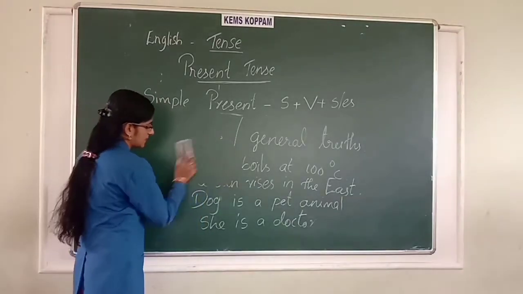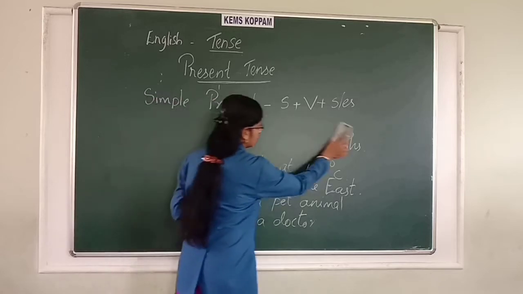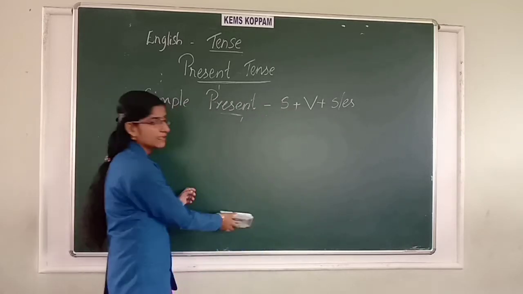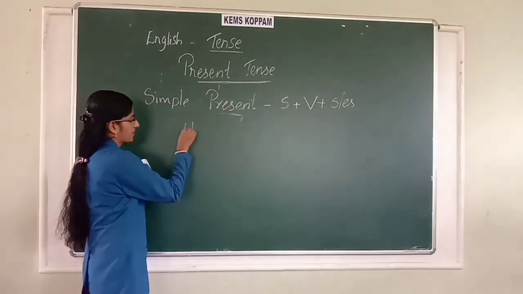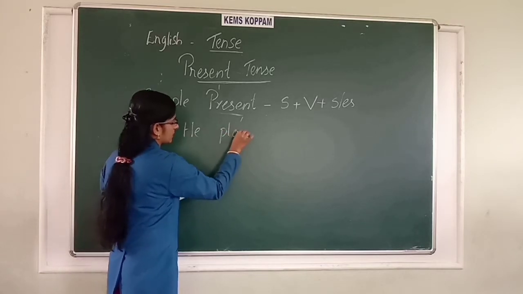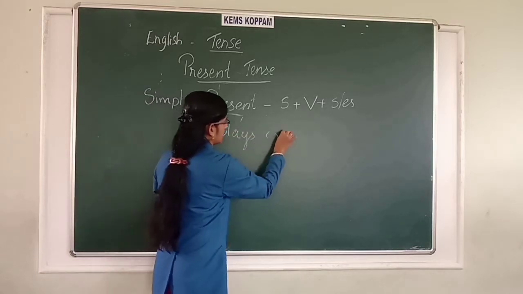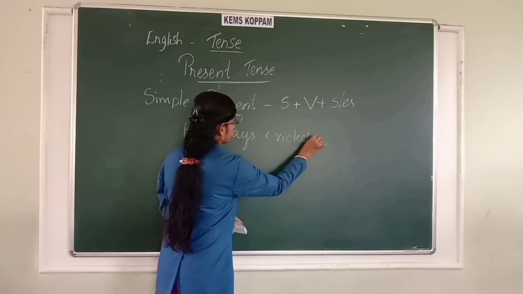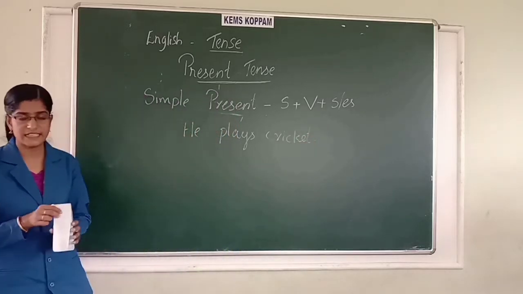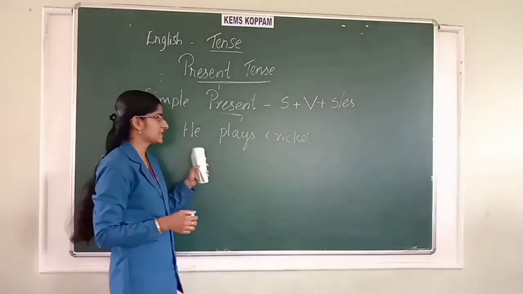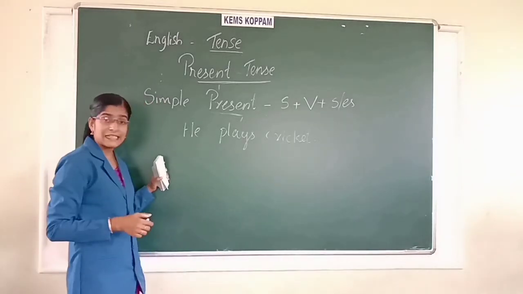So first I told you an example. He plays cricket, isn't it? He plays cricket. So this is a positive sentence. How can you make it into a negative sentence?